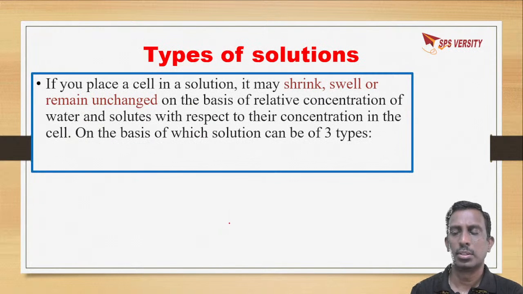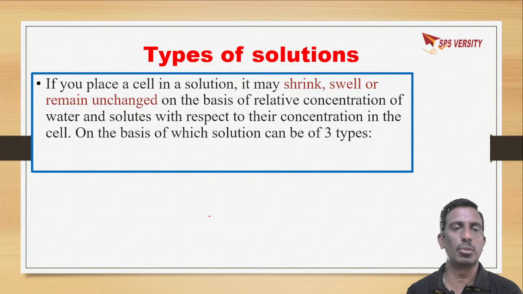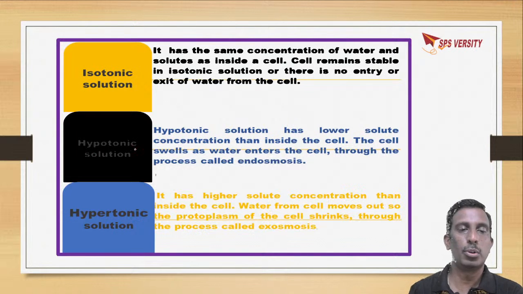Okay. So now the types of solution. What are the types of solution? Based on their concentration of water, there are three types of solutions: isotonic, hypotonic, and hypertonic. Iso means same.